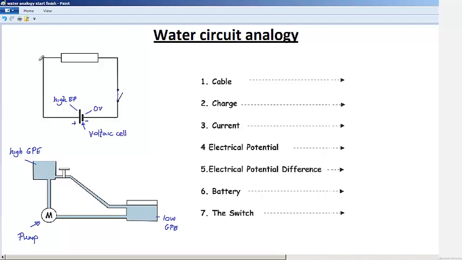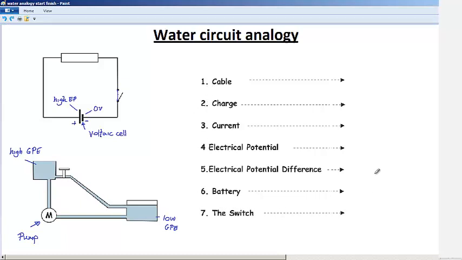Charge will flow faster around this circuit as a result. Similarly, if I increase the gravitational potential energy of this reservoir by making it higher so that there is a greater gravitational potential difference, then I will increase the flow of water around this circuit in a similar way.